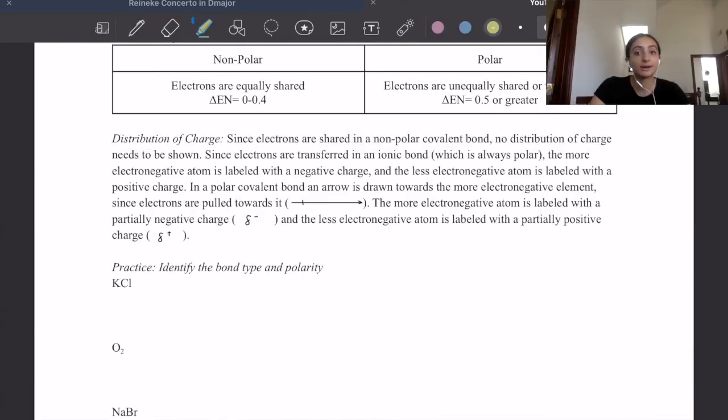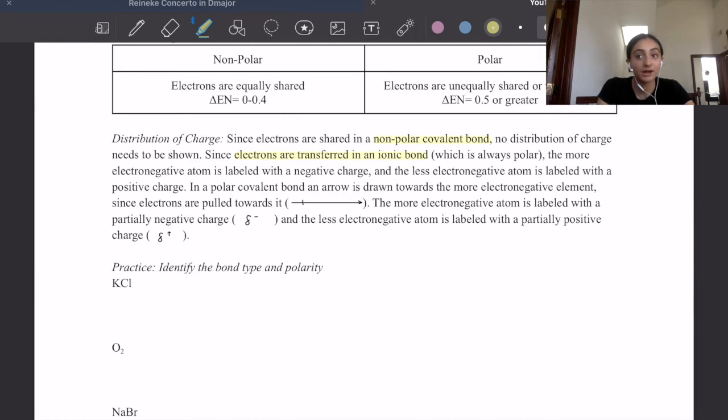So now we're going to talk about distribution of charge, basically how you represent where the electron is going for each kind of bond. So since electrons are shared in a nonpolar covalent bond, there's no distribution of charge. The electrons are just equally shared. In an ionic bond, the electrons are transferred.